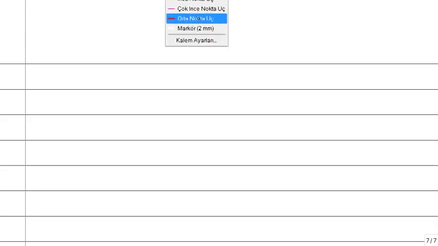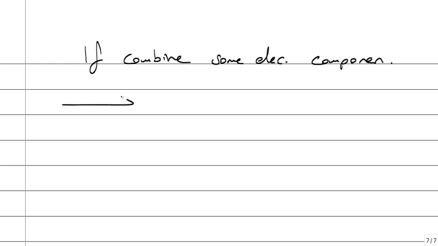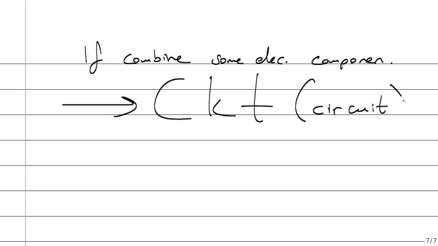Now let's combine some components. If you combine some electric components, it will be a circuit, CKT.